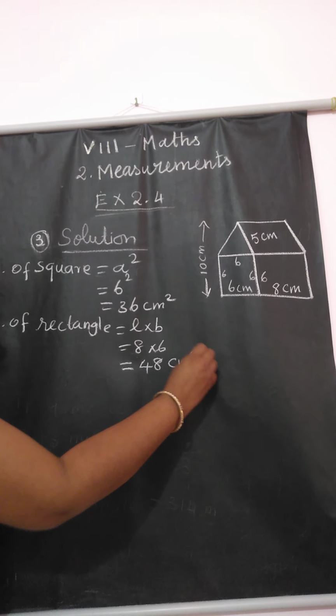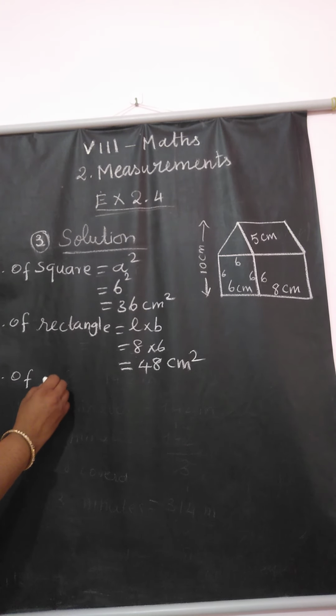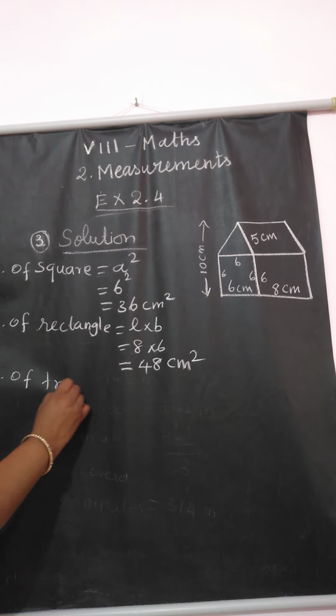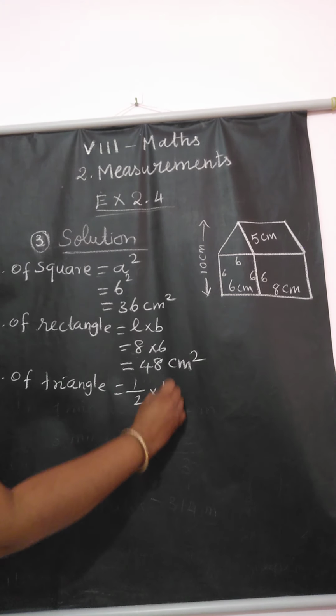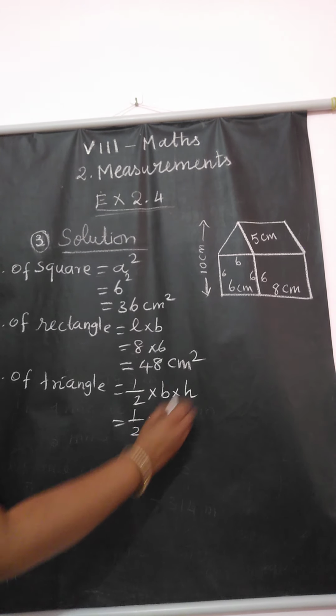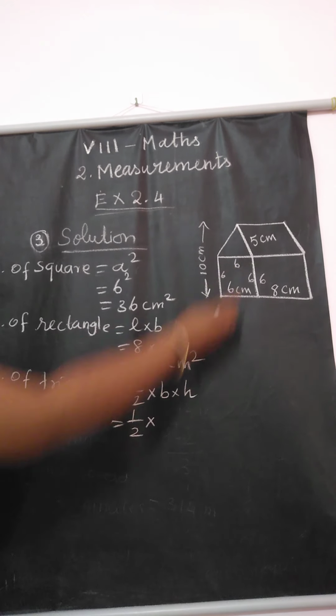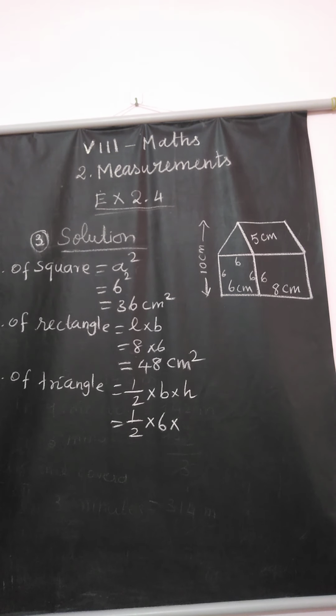48 centimeter squared. Next I am going to identify the area of the triangle. Half into base into height. So half into base, we know that is 6. The height they didn't give, so we need to identify the height value.